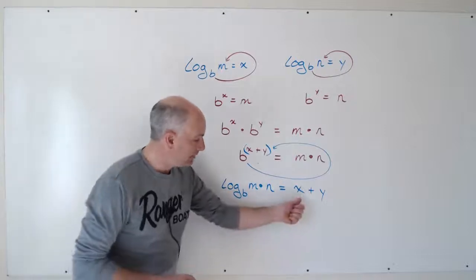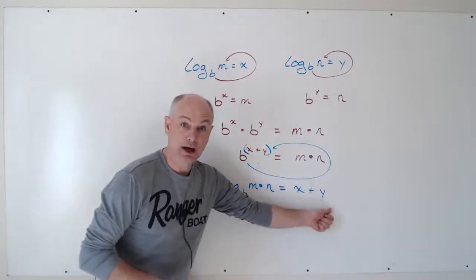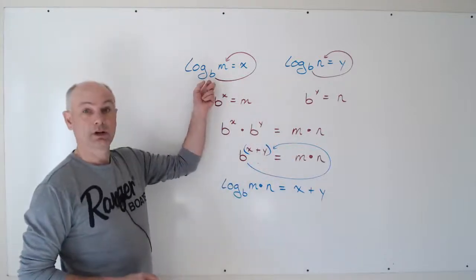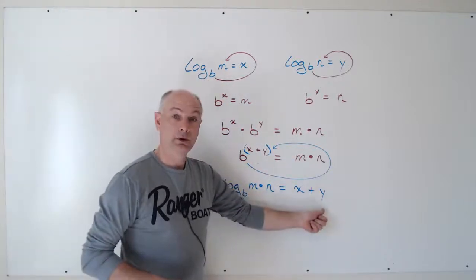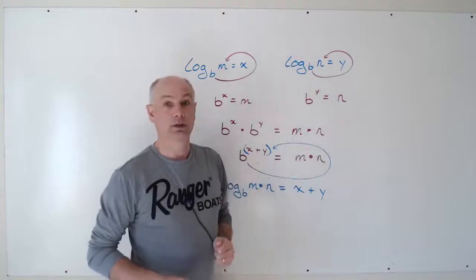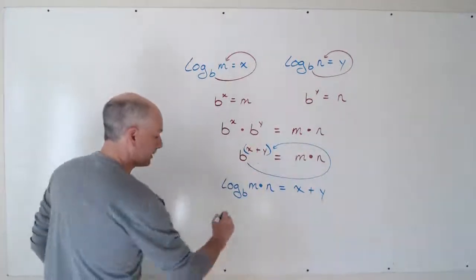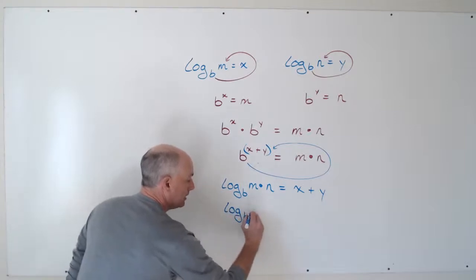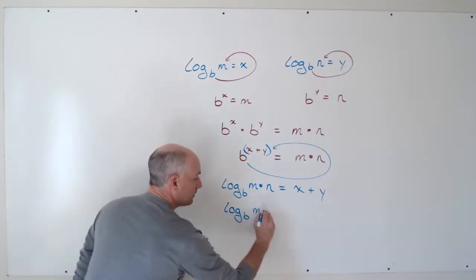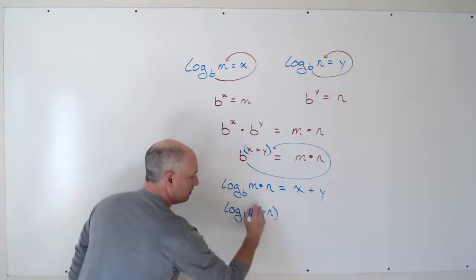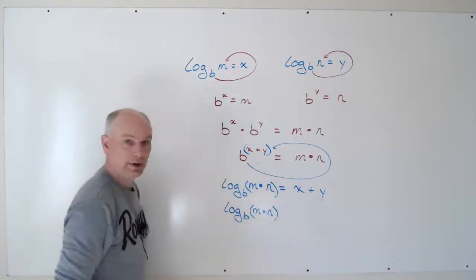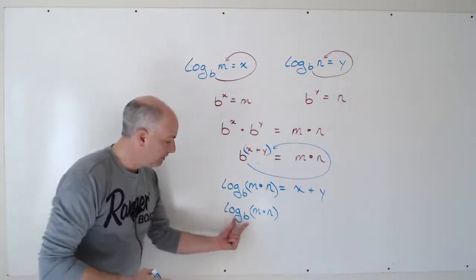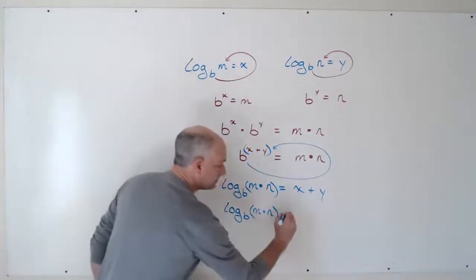Since I have x here and y there, let's replace the x with log base b of m and replace the y with log base b of n. What this allows us to say is that log base b of this product, and I'm putting that product in parentheses just so that I recognize I'm doing the logarithm base b of that product.